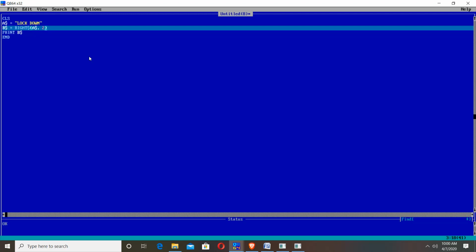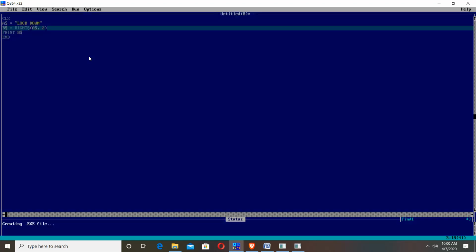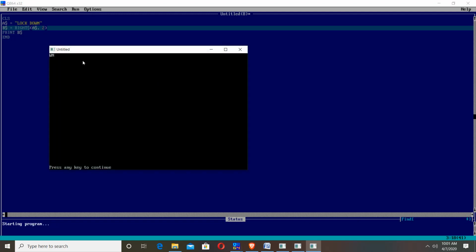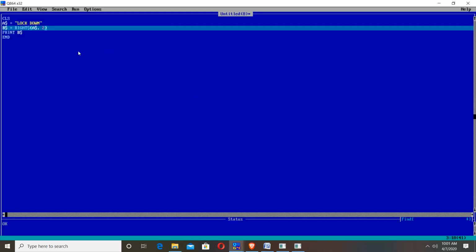The 2 characters are N and W, but whenever we write, that should be written in the exact form. That means WN. Just check the output. Yeah, it's WN. So RIGHT$ is used to take the characters from the right hand side of the given string.